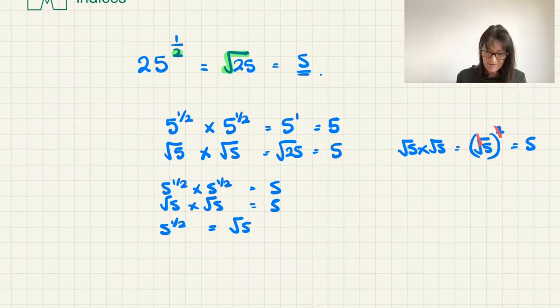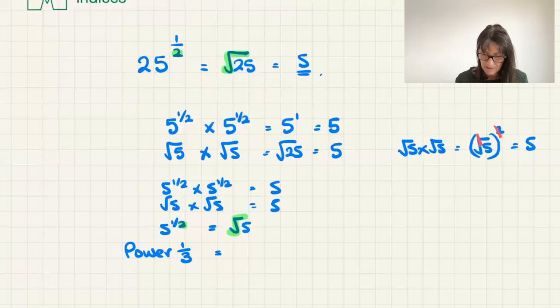So what if I gave you a power that was a third? The denominator is not 2 anymore. 2 gives me square root. What does 3 give me? And hopefully we know that 3 is going to give me a cube root.